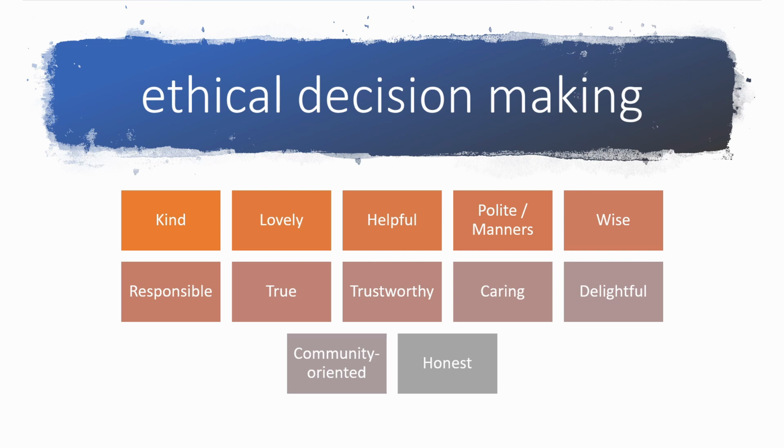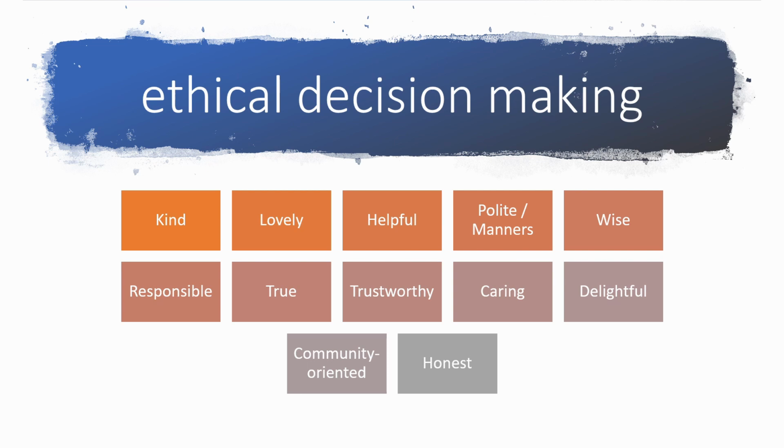That's a lot of synonyms. Those are all words that I think of when I think of the word ethical. So, ethical decision-making means that I choose to make decisions on technology that are wise, true, helpful, kind, and make the community a safer place.